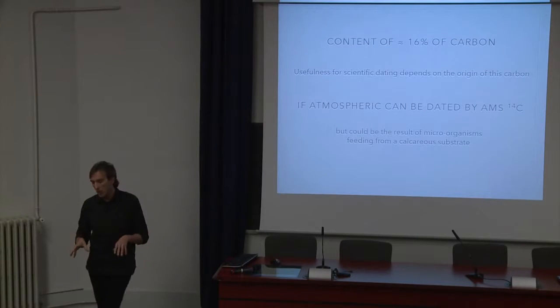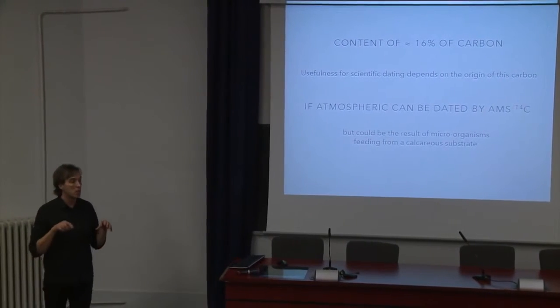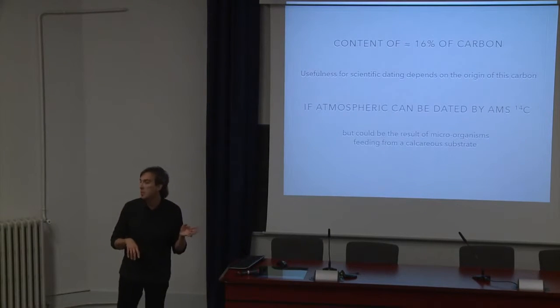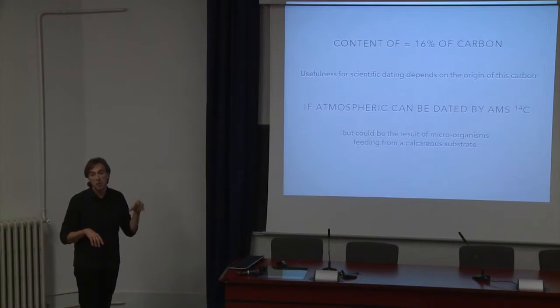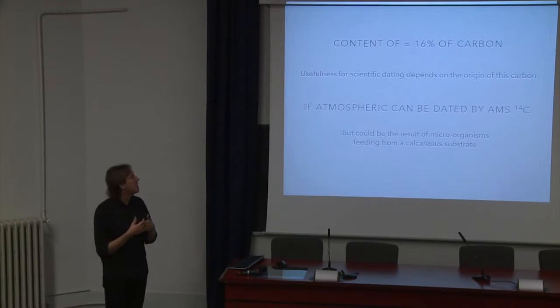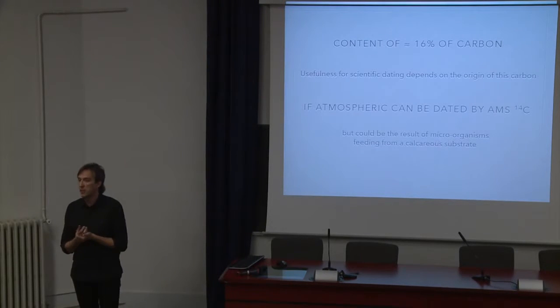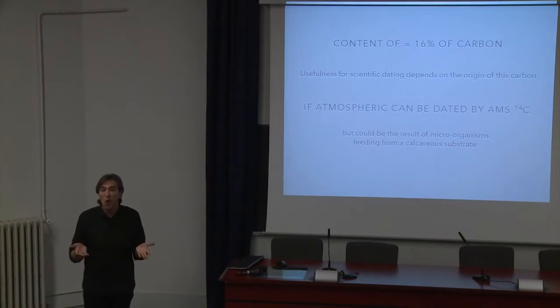But for this talk, the important part is that calcium oxalates have a content of around 16% carbon. And that carbon can be dated, if the origin of that carbon is atmospheric. It's not produced by the content of the rock, for example.